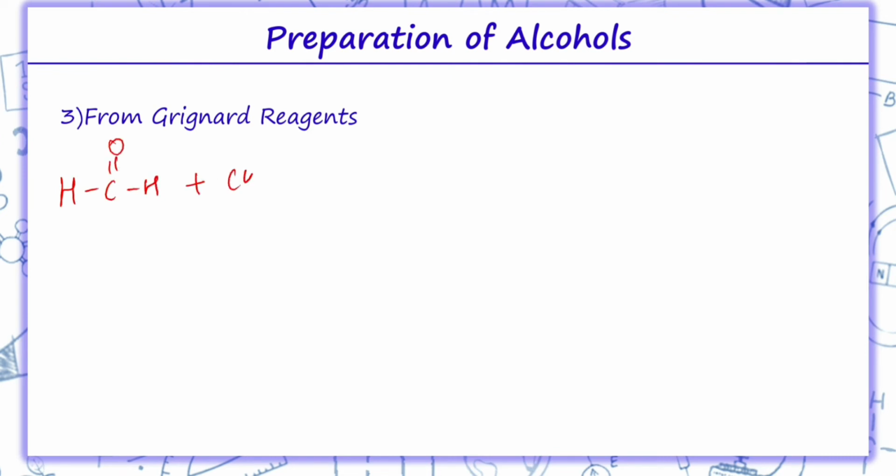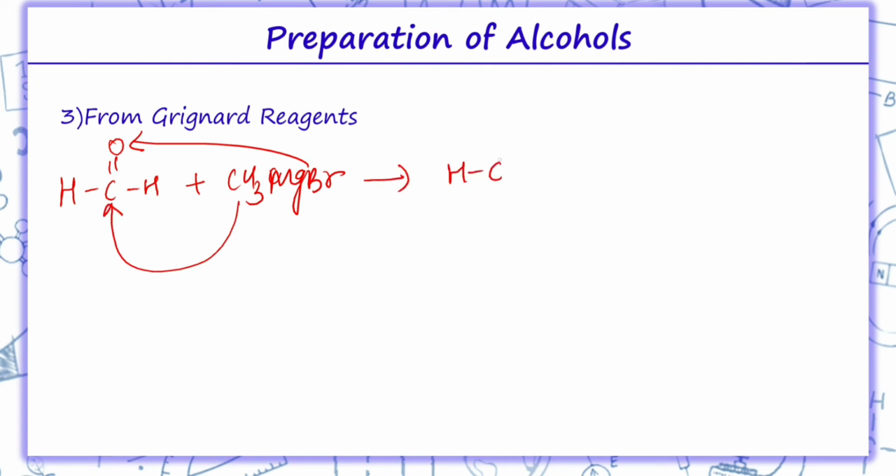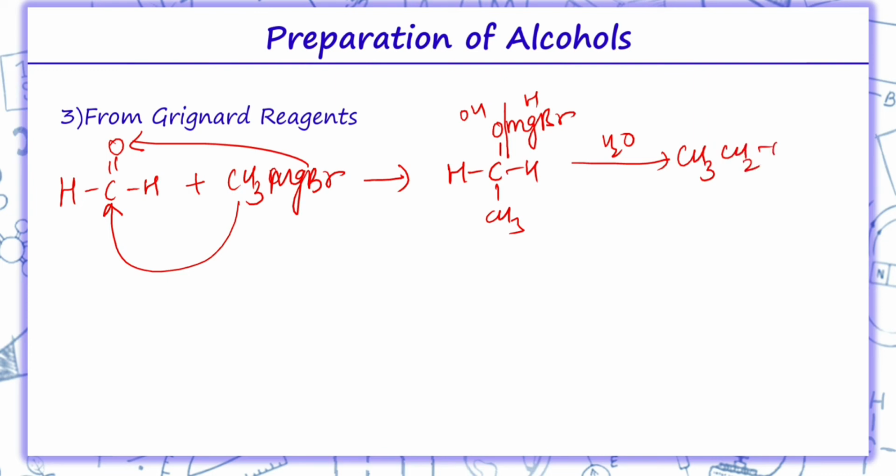When it reacts with Grignard reagent, that is CH3MgBr, MgBr will go with this oxygen and CH3 will be attached to the C. Thus we will get H2C(OMgBr)CH3. Now this bond will break on hydrolysis, here H and OH. Thus we will get CH3CH2OH.